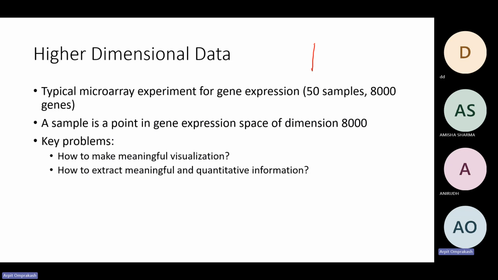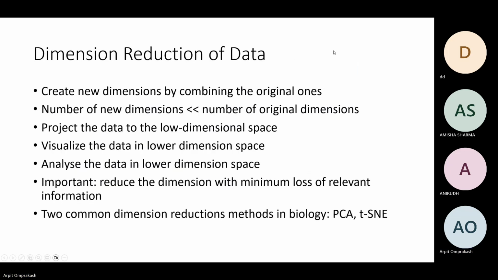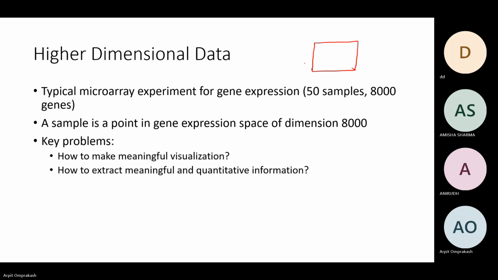Basically, we'll have a data matrix where the rows will be the number of samples, and the columns will be the number of genes, right? And each of our samples is basically a data point.